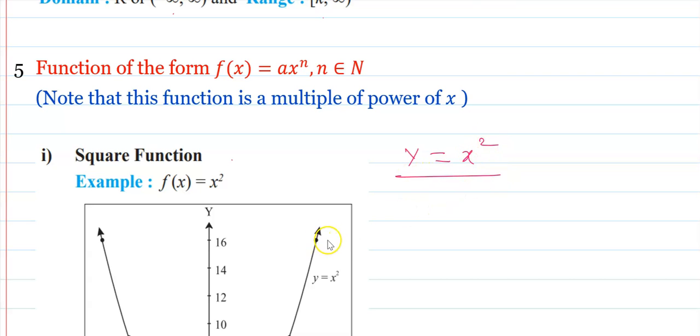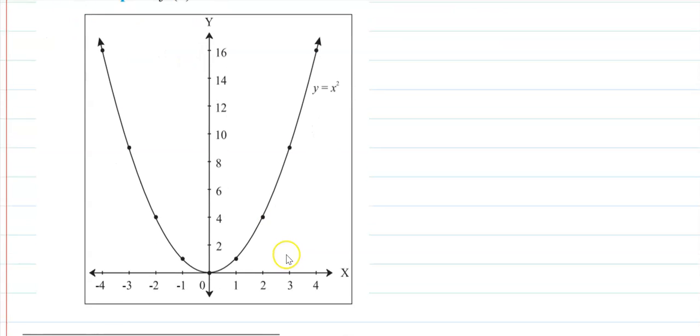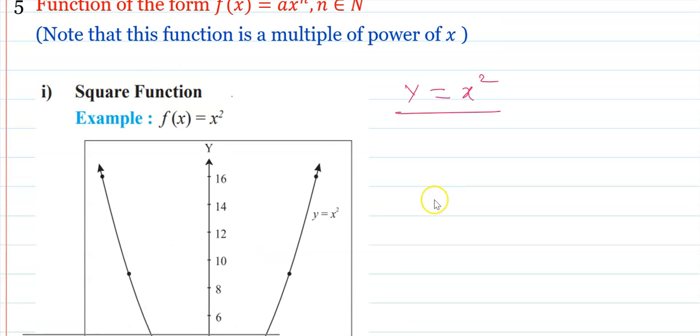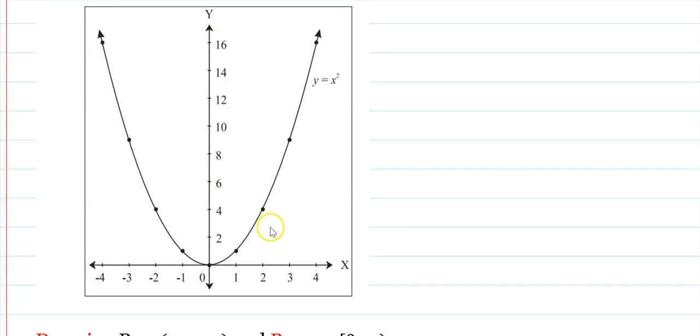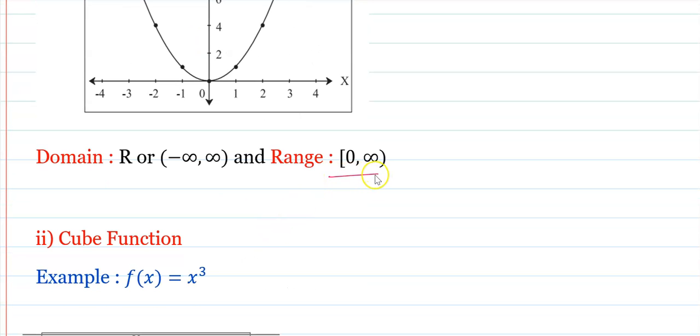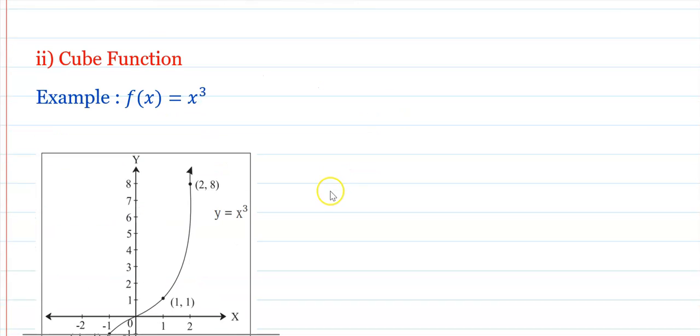Okay, and this is also a parabola type equation, and the values of x, means what? The domain. Domain is minus infinity to plus infinity, and the range, means what? The values of y are from 0 to infinity in this way. See this here, 0 to infinity is the range, and the domain is minus infinity to plus infinity.